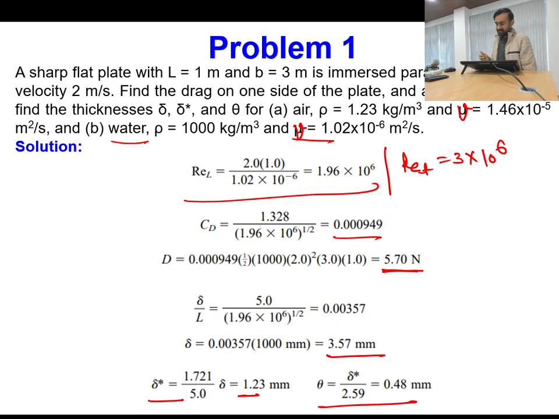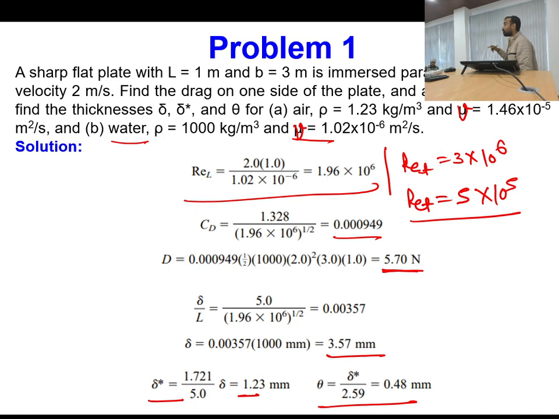Now let's attempt the same problem, this time considering that the transition Reynolds number is 5 × 10^5. If I consider that, what will happen? My flow will be turbulent at the trailing edge, but laminar in the front portion.